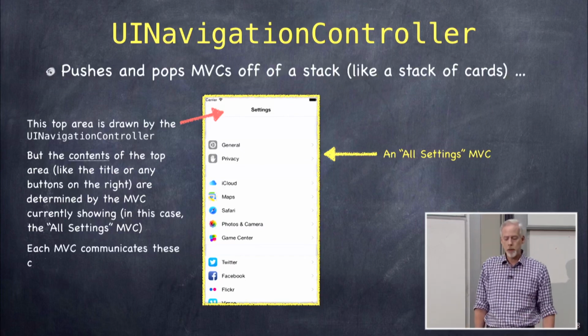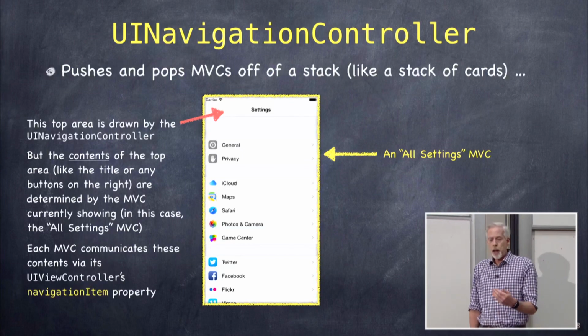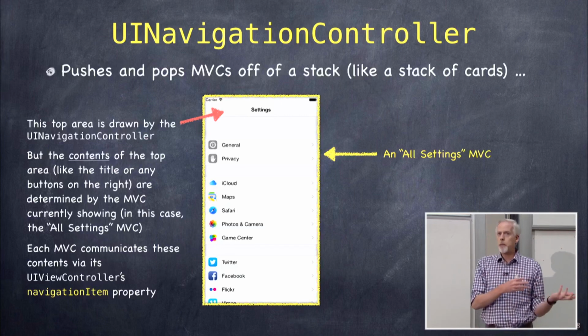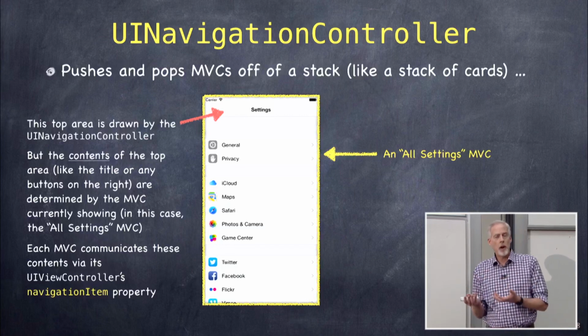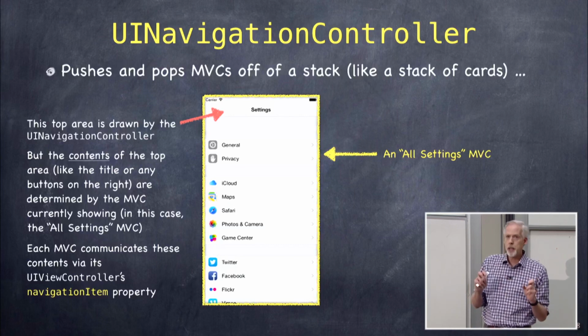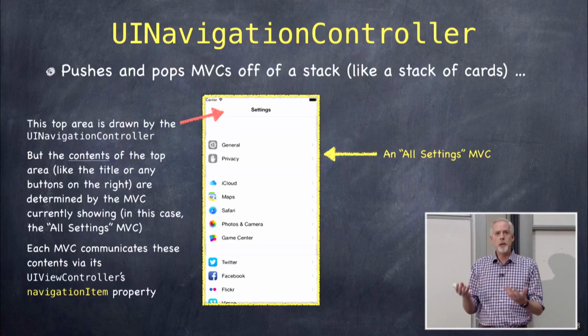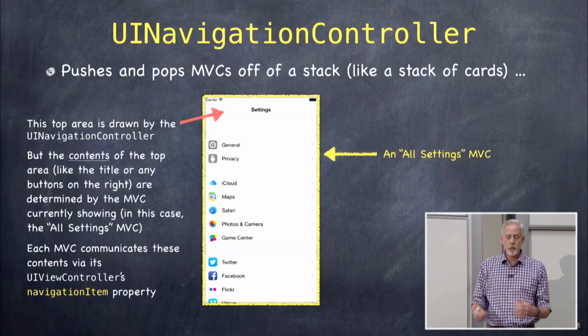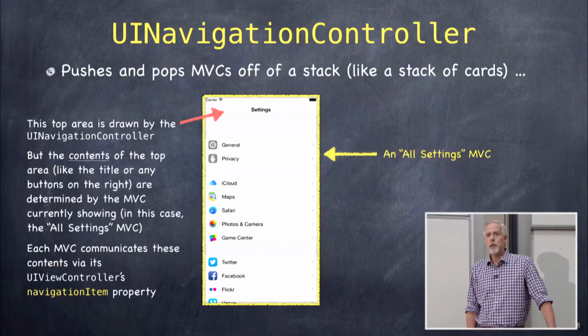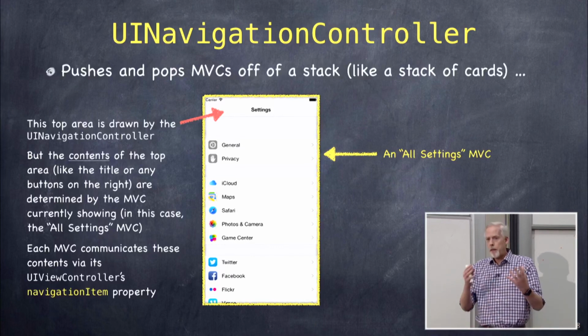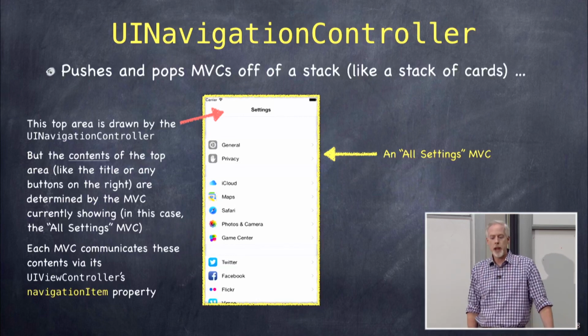So it's being driven by what's there. Similar to the tab bar item in the tab bar controller, each MVC has a var in UIViewController called navigationItem. It contains things like the title and other buttons that you can put in the title bar, all kinds of stuff. You're going to want to look at the documentation for navigation item and see what kind of things the navigation controller can do for you when your MVC is on top of the stack.